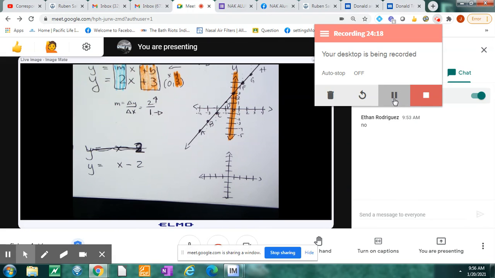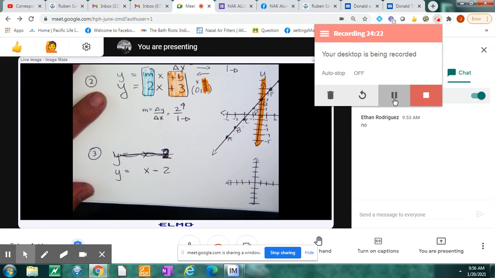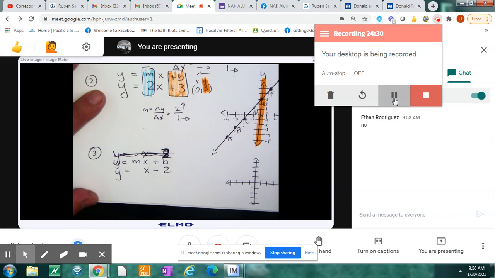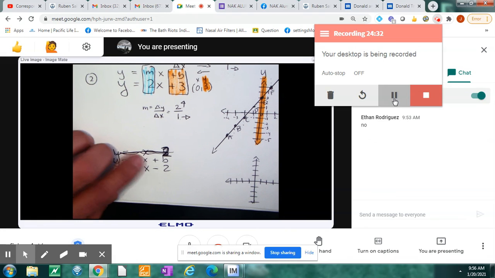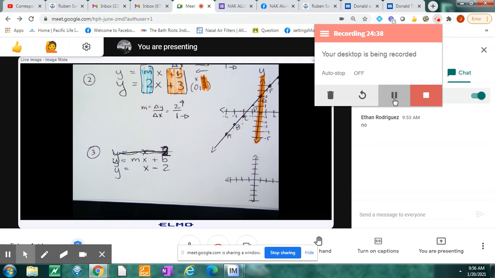Let's go ahead. So now on this one, again, is this equation in the y equals mx plus b form? So let's see, y equals mx plus b. Okay, this is a positive, but that one's a negative. That's okay because they can go positive, negative. Normally they just say positive, but it could be negative as well.